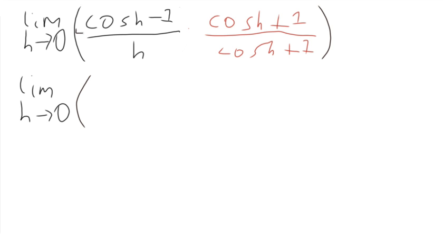So on the top here, cosine h minus 1 times cosine h plus 1. Well, hopefully by now you recognize that as difference of two squares factorization. So if you multiply that out, you'll get the square of the first term minus the square of the second term. And I'm not going to distribute the denominator, I'm just going to leave it as it is.